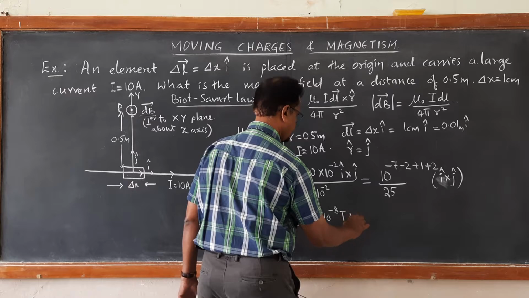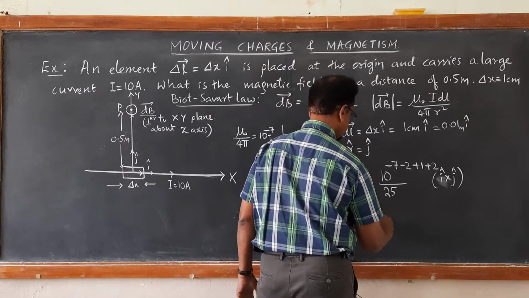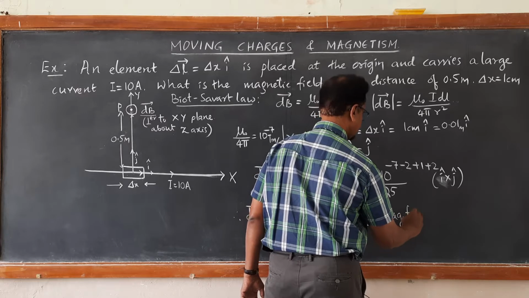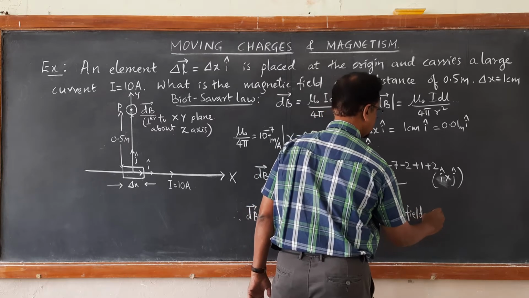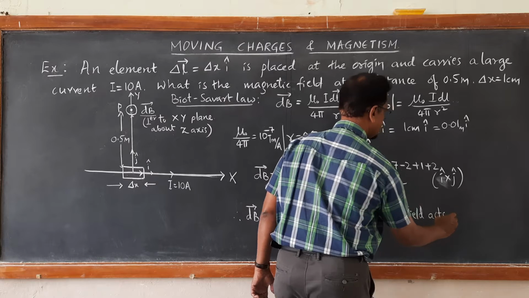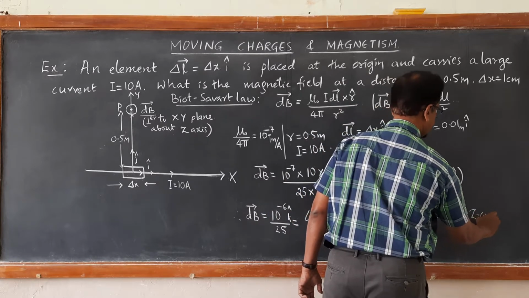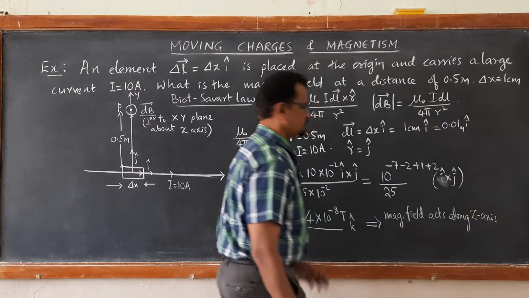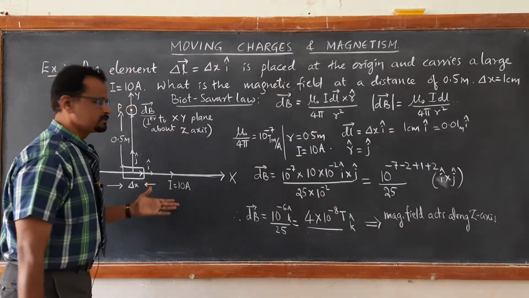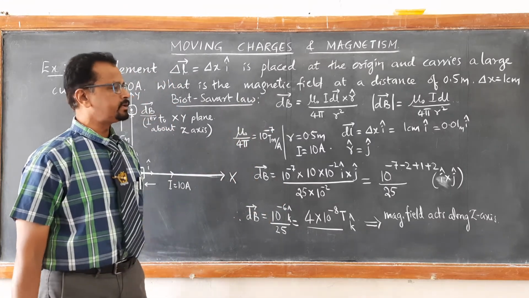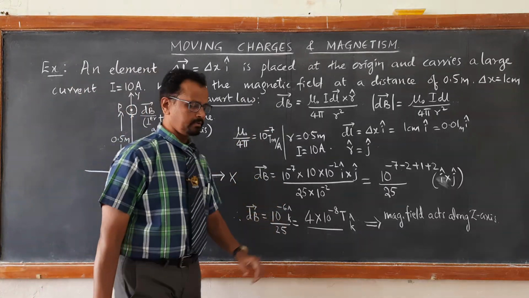This implies magnetic field acts along Z axis, positive Z axis, which is pointing out of the plane of this board. So this is how we apply Biot-Savart law in order to solve the problem.